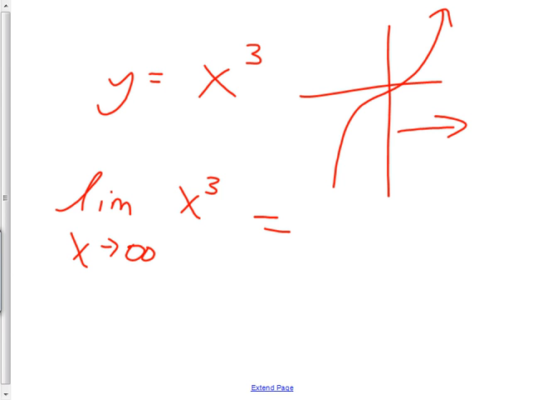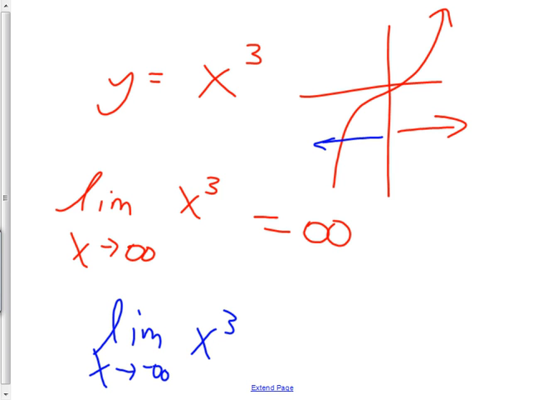What's the y going to be? Infinity. And how do I write the left end of it? The limit of x cubed as x approaches the left side is negative infinity. That means if I go forever this way, then the y value would be negative infinity. All right, I think you're getting the idea.